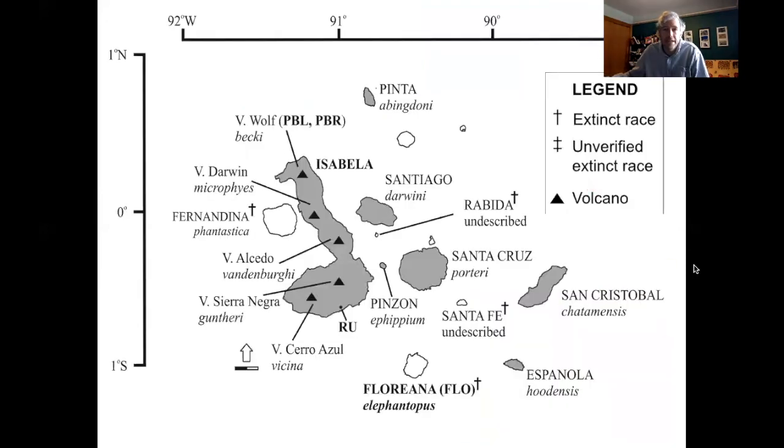So this map here shows the islands of the Galapagos, and it also shows whether or not there are tortoises on that island today, and also whether or not there's evidence of extinct species of tortoises on other islands. So on this map, the grey islands are ones that contain tortoises today, and these are the names of those tortoises.